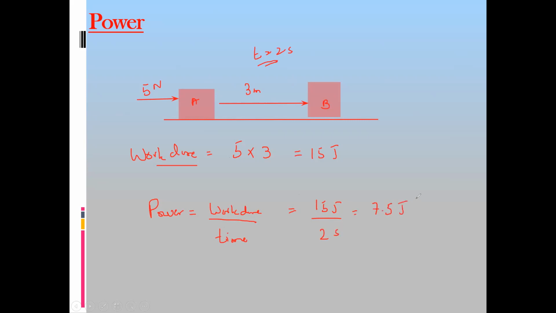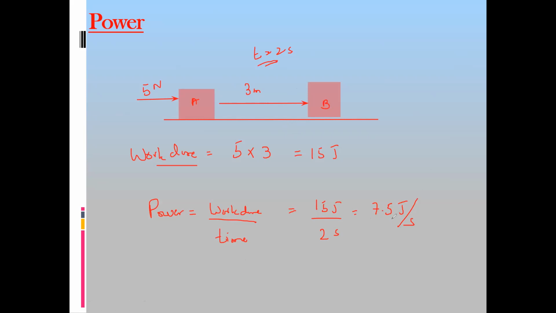And what is the unit of power? It will be joules per second. So basically, how much work is done each second, that is known as the power. So work done in a unit time, or work done in 1 second, that's simply known as power.